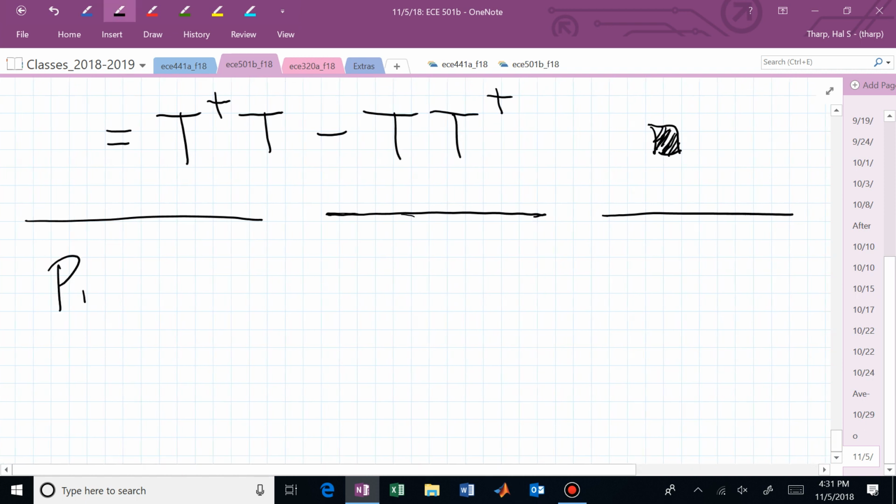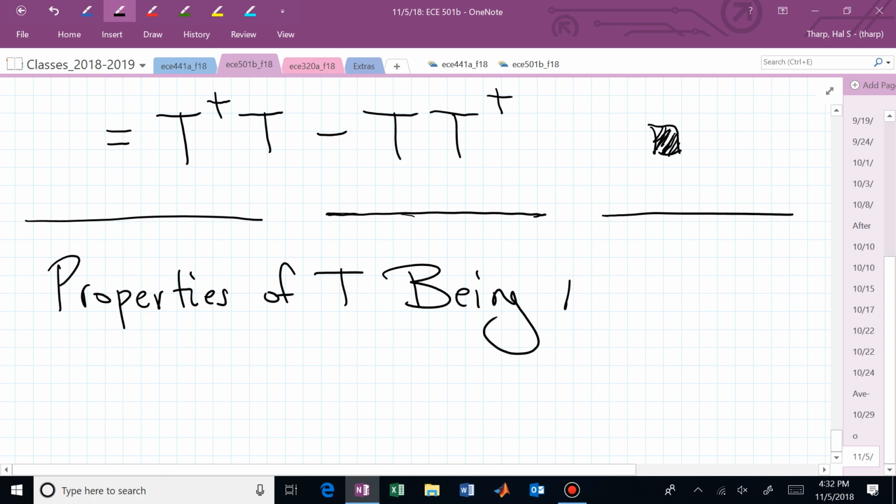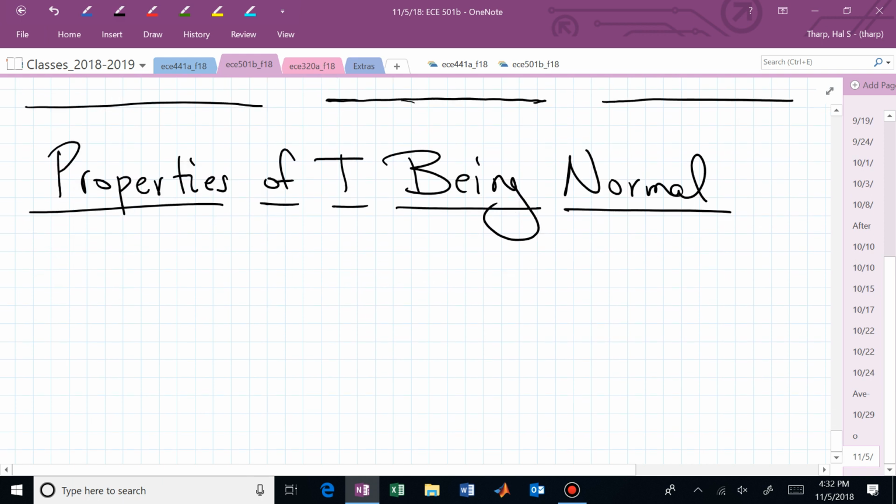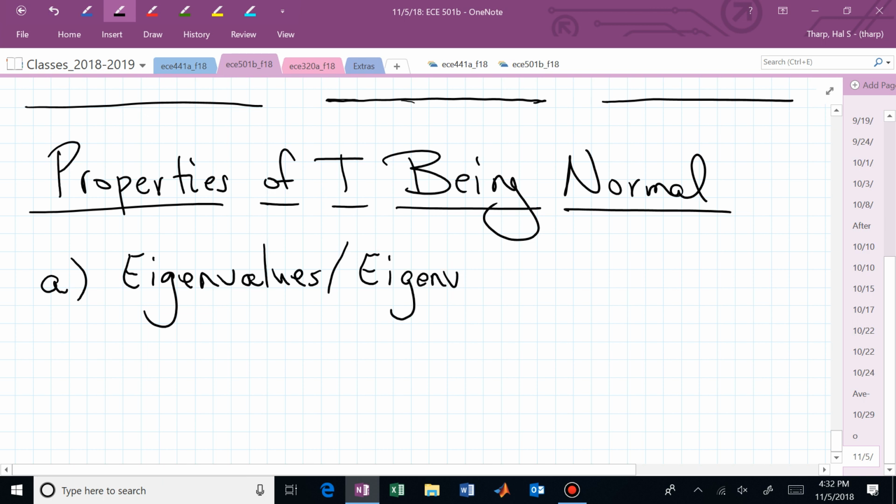All right, so now let's look at properties of T being normal. First, let's examine eigenvalues and eigenvectors of both T and T dagger.